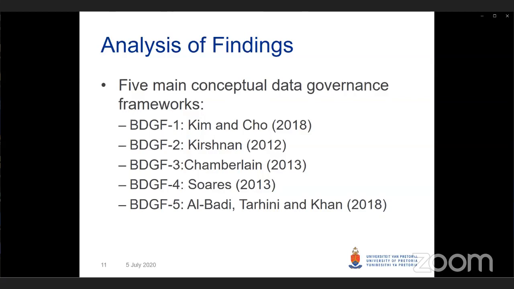BDGF3, presented by Chamberlain, uses an established data governance framework as a basis and extends on each of the 5 domains that can be used to govern any big data initiative. The 5 domains that were identified include data principles, data quality, metadata management, data access, and data lifecycle.